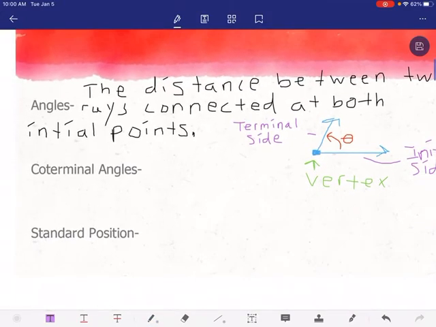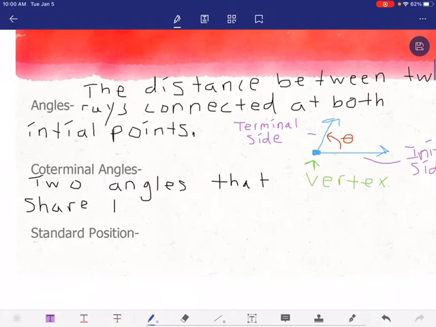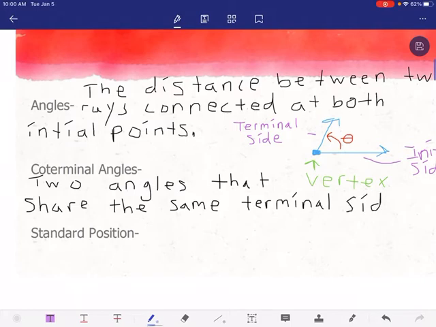Now, coterminal angles are going to be two angles that share the same terminal side.